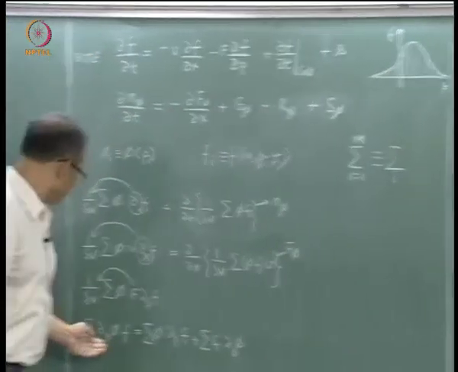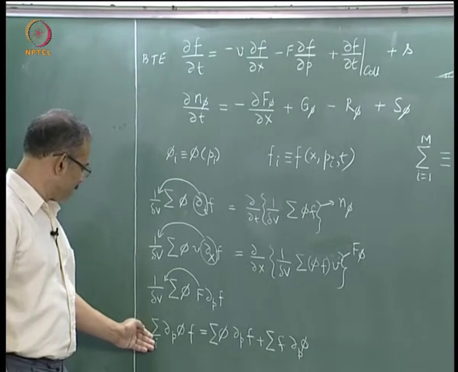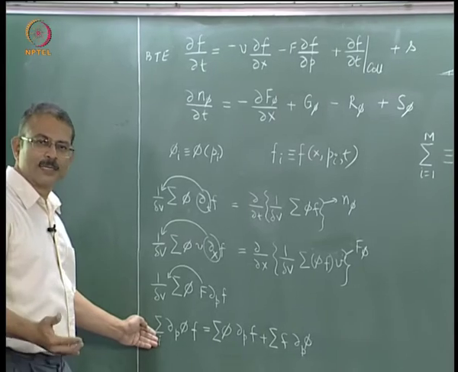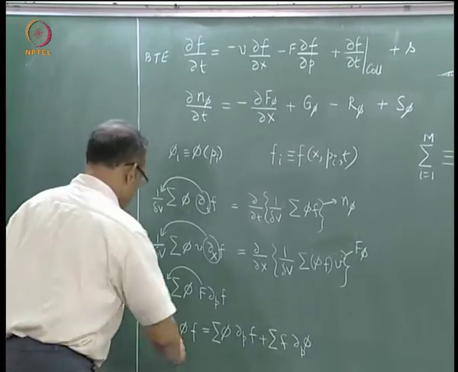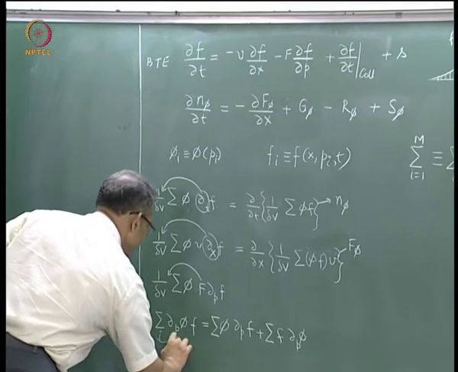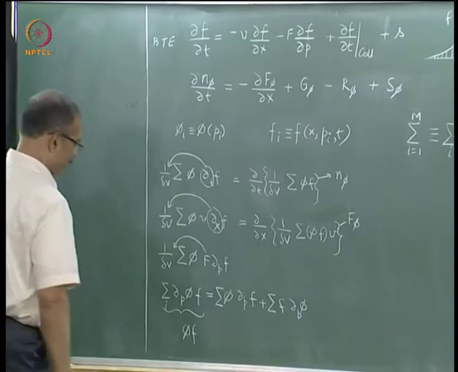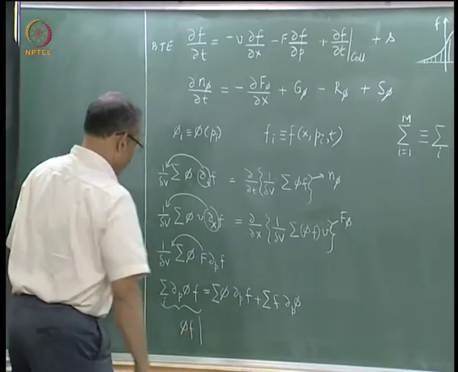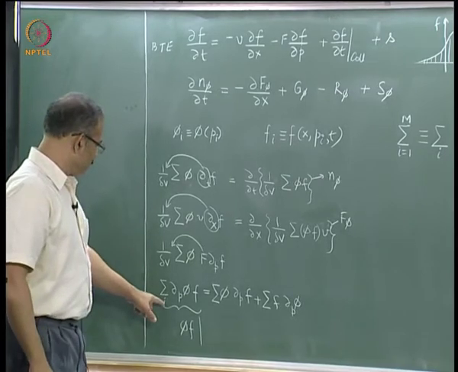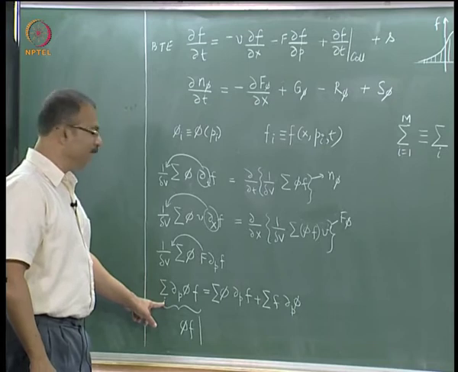Now you see, differentiation and summation is analogous to integrating the differential, and therefore this quantity is nothing but phi of f, the two limits being the one extreme state and the other extreme state.